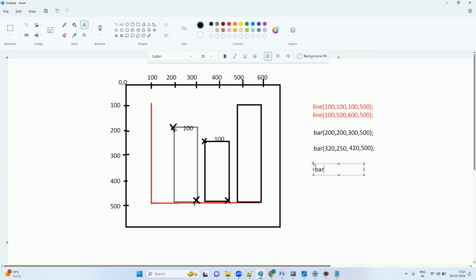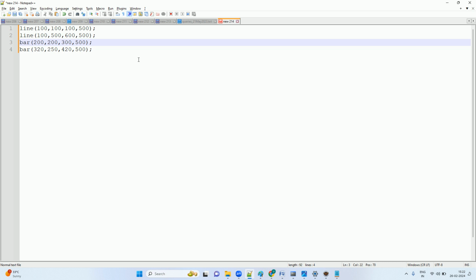So I say bar of 440 and 100 and ending at 440 plus 100 is 540. 540 and 500. Understood? So I can draw this bar. Okay. So you just have to understand the coordinates properly.